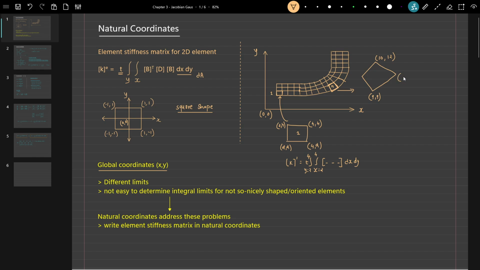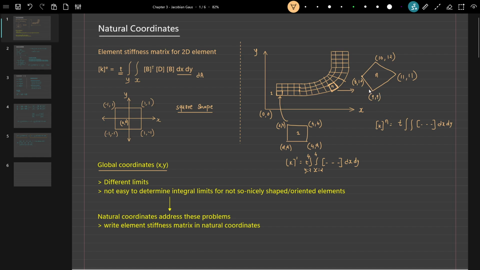This node coordinate could be (19, 11), and this node coordinate could be (8, 10). So for this nth element, we can write the element stiffness matrix, and we have to determine the x and y limits.